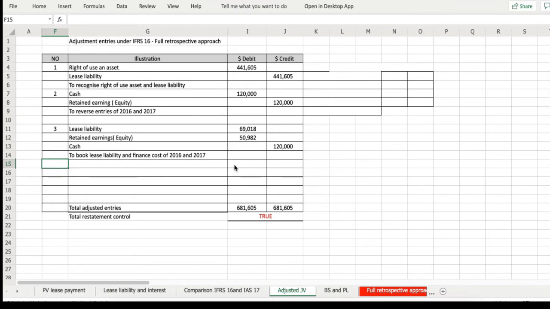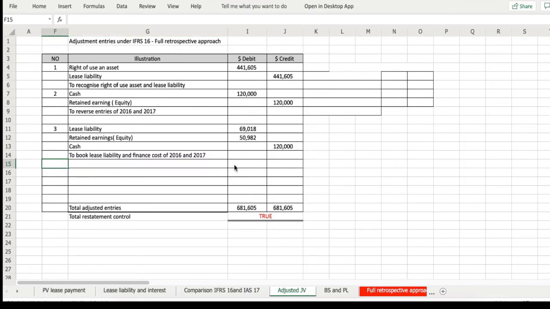Another thing we also need to take care of is the depreciation. The right of use asset should be depreciated over the lease term or the economic useful life of the underlying asset, whichever is shorter. Here the right of use asset is depreciated over 10 years, and we should account for the depreciation of the right of use asset before 1 January 2018, and there were 2 years.